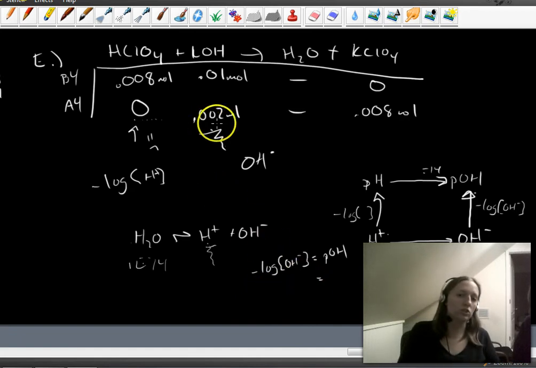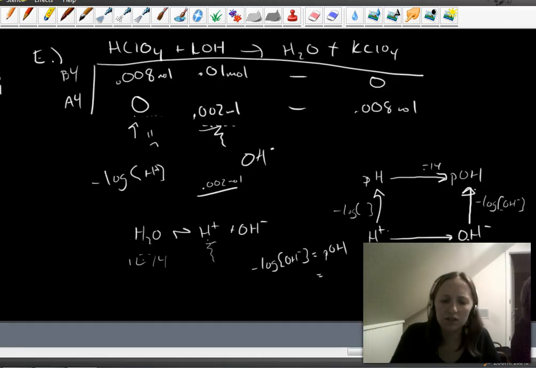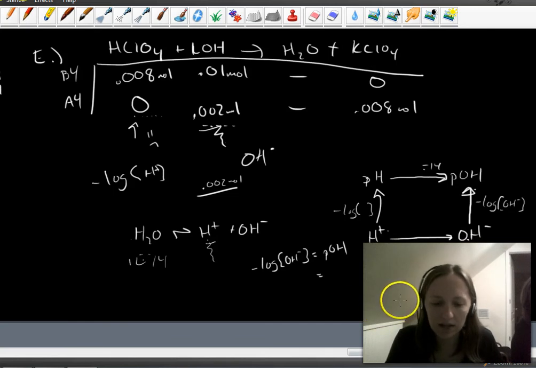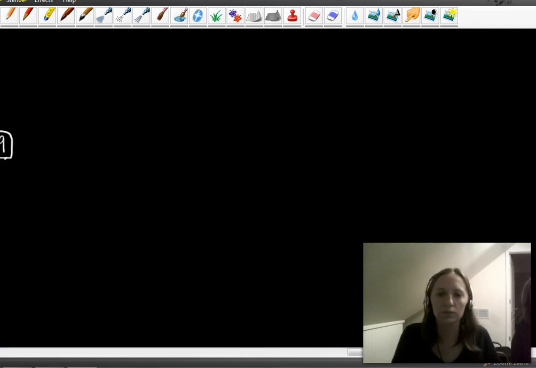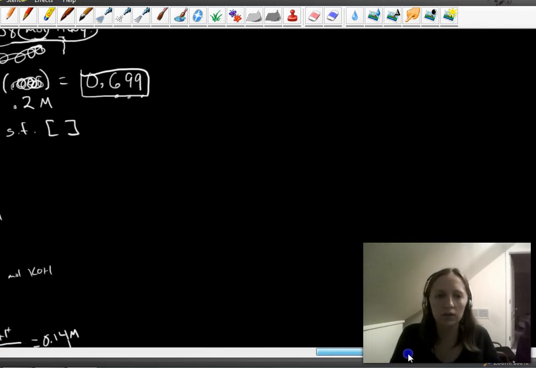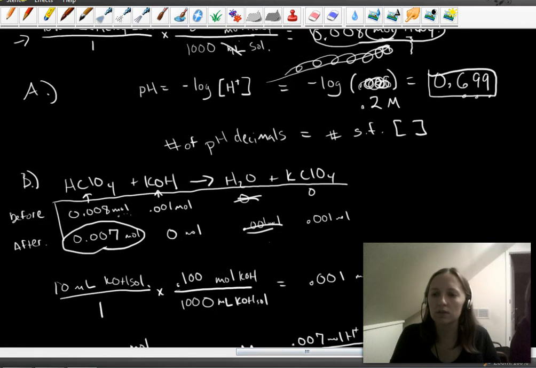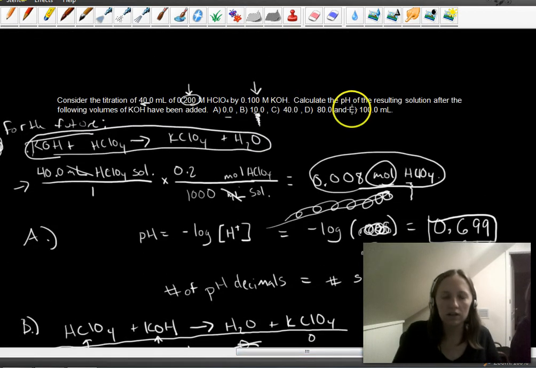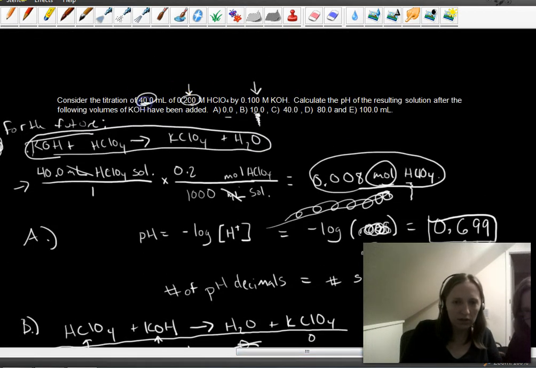I got to do the concentration. This is in moles. So the concentration is 0.002 moles divided by my liters, which, how many mils was this? E is 100 milliliters. So we started off with 40 milliliters, and in E we added 100.